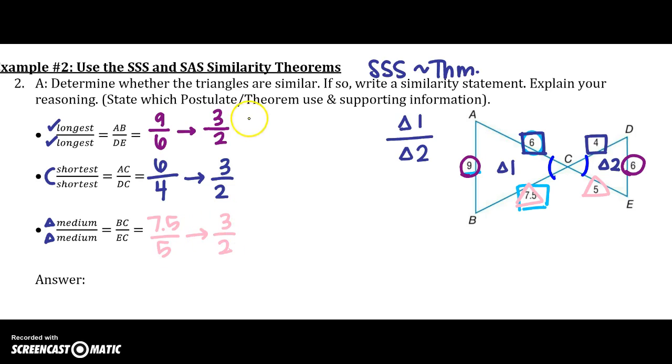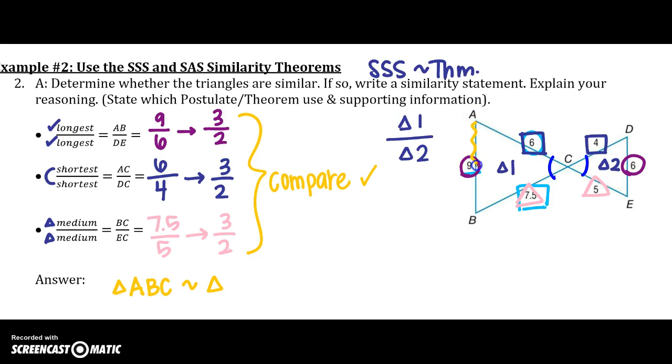When I get done writing my ratio for each side, I'm going to compare the ratios per side. And notice that they are the same. So if they're all the same, I know that my triangles are similar. Triangle ABC is similar to triangle DEF.